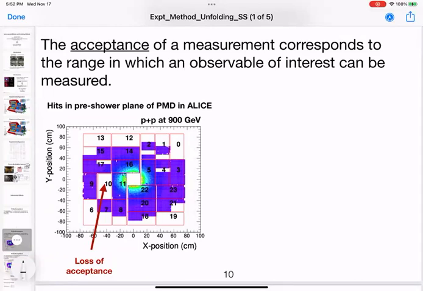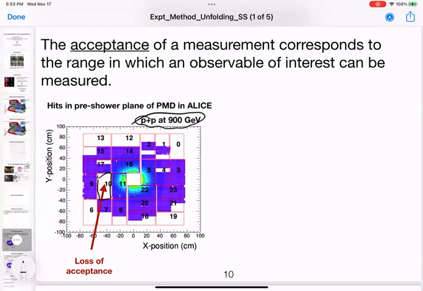For example, this plot shows the hits in the pre-shower plane of the PMD. You can see in this module number 10, this module is not working in one of the data sets, for example when we are taking data in pp collisions at 900 GeV. So we lose some information, or we lose some acceptance.